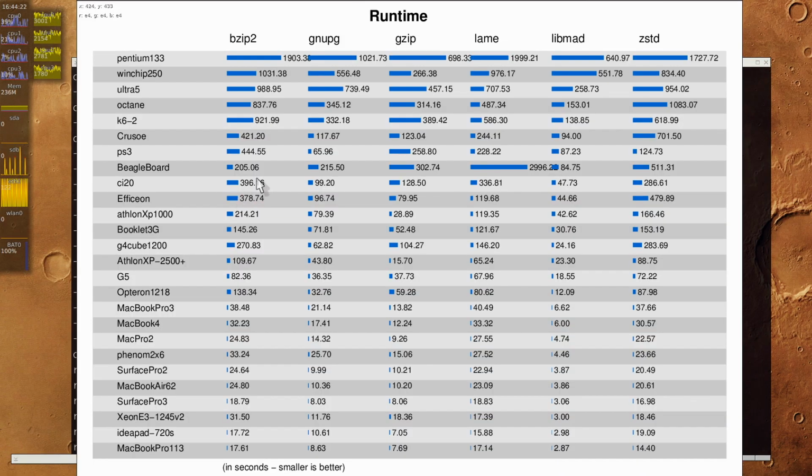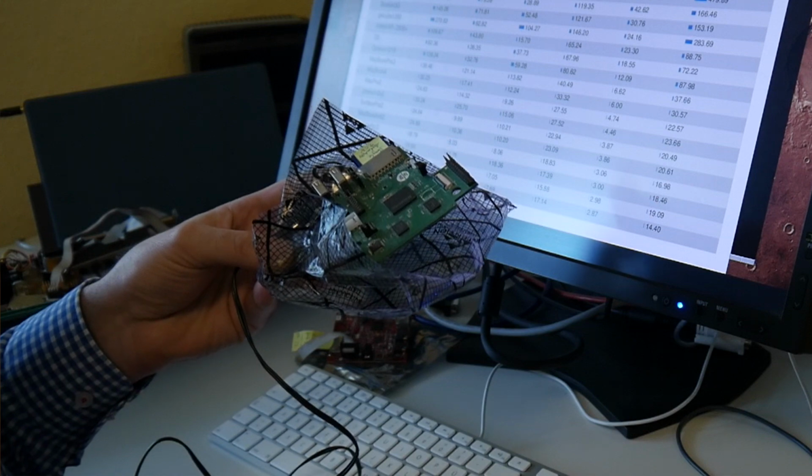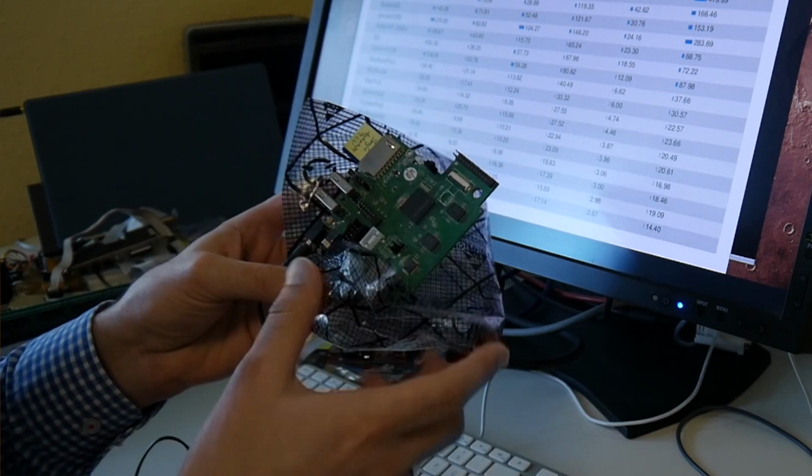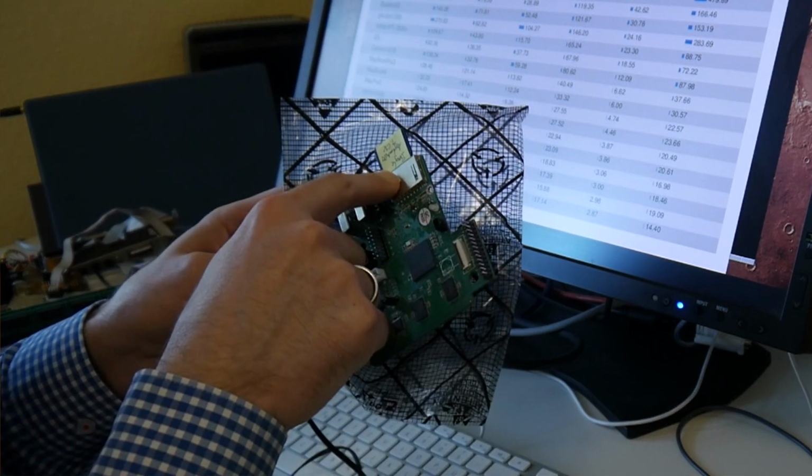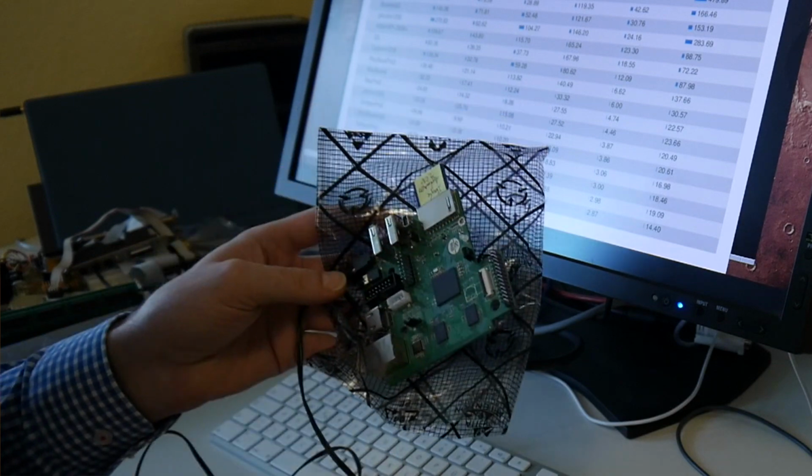This is half of the runtime here. BZIP2 compared here is even less than half. SPEC standard, yeah, even only a third or something. Sometimes the performance is again, like the BeagleBoard, limited by the slow flash here. This system was also running mostly from the SD card.